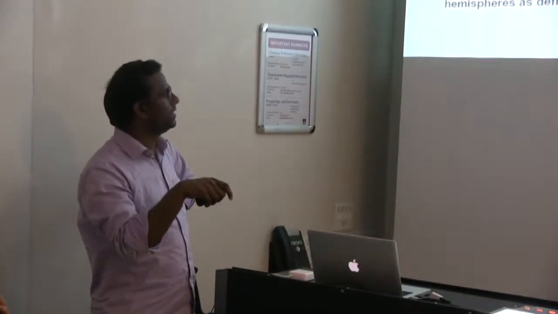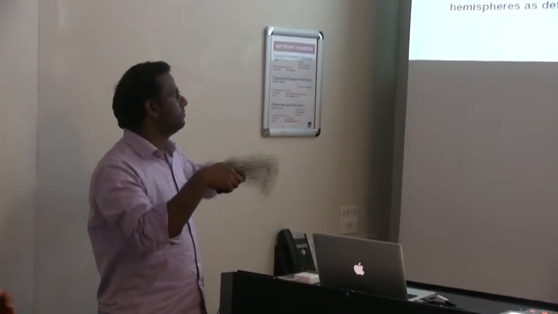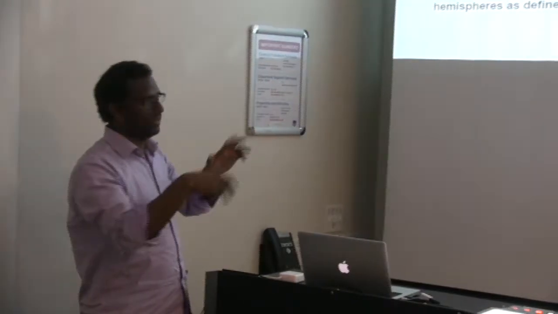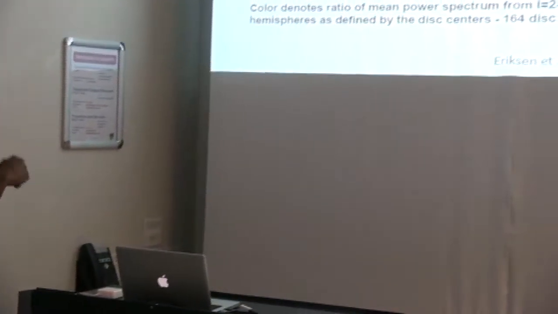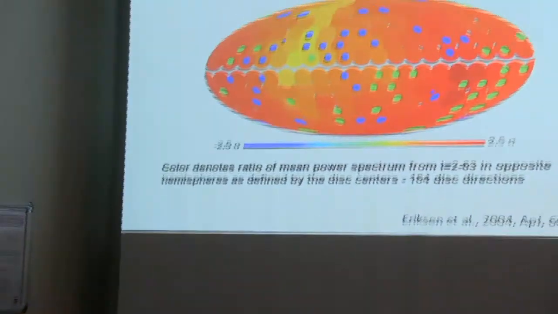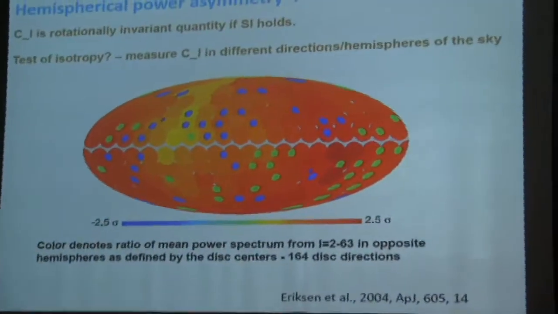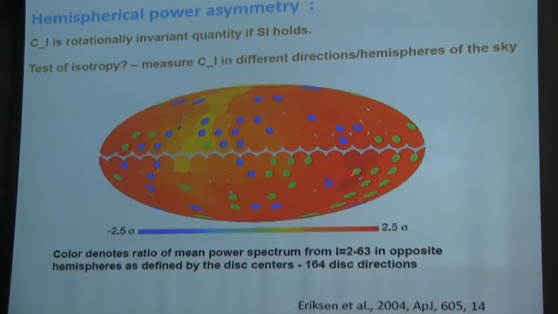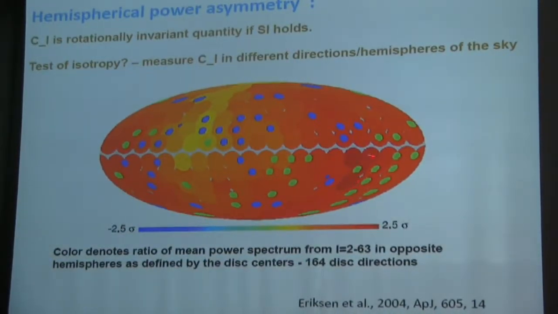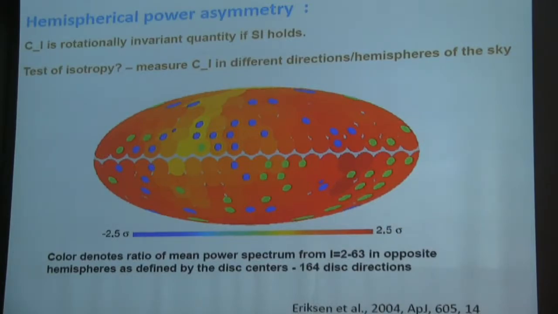They defined 164 directions on the sky, which are nearly overlapping with each other, and they computed the power spectrum from half of the sky, a hemisphere centered in that direction. So you find excess power in one hemisphere, which is the dark red region, and in the opposite hemisphere you have a deficit of power.